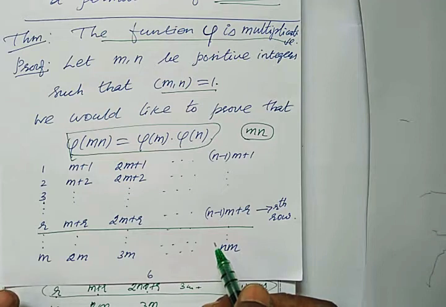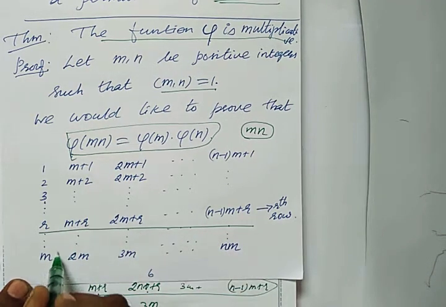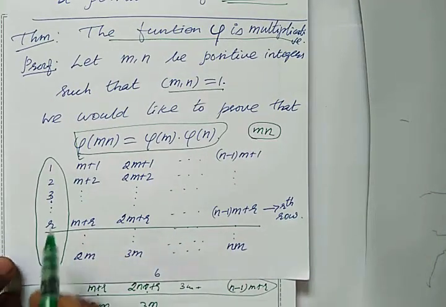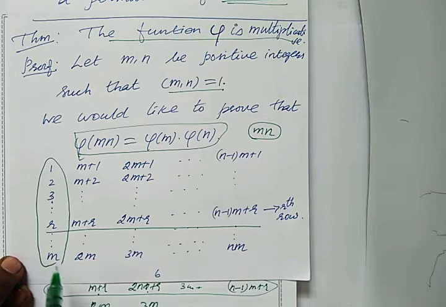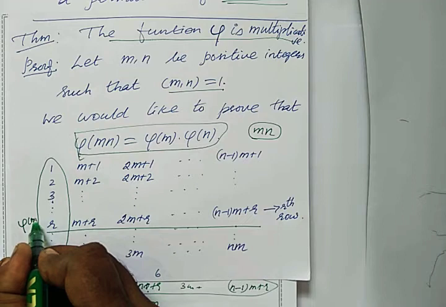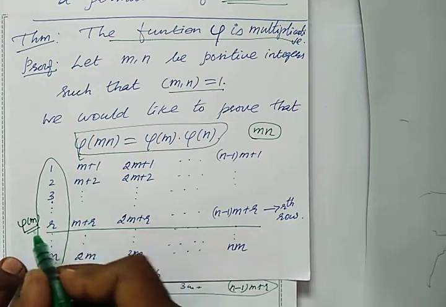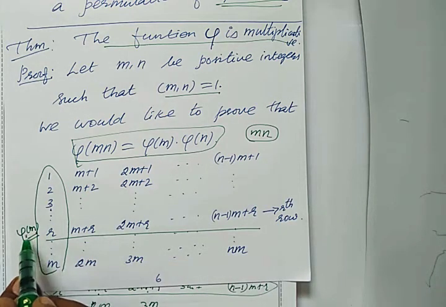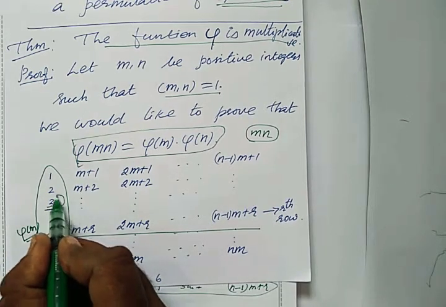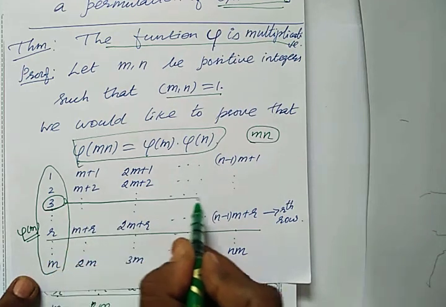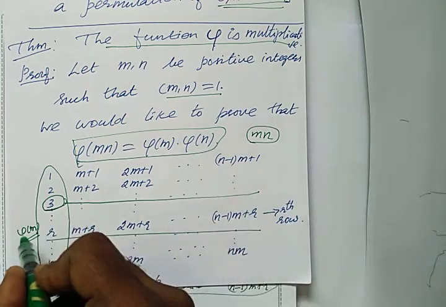And see here, this is the first column. In this first column, there are 1 to m numbers. Actually, in these m numbers, only phi of m numbers are relatively prime with m. So, excluding these phi of m numbers, suppose this number is not relatively prime with m, then this entire row will not be relatively prime with m.